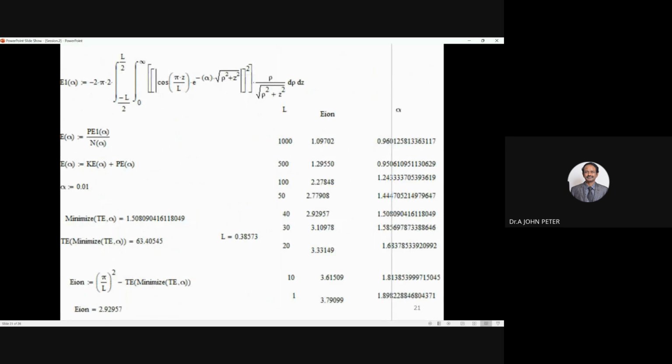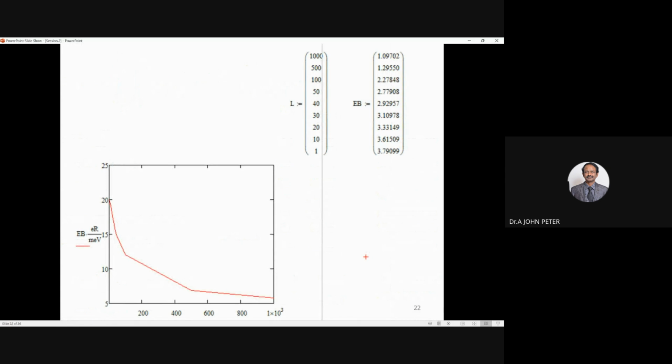E and the binding energy are given in the second column. In the first column L we have taken as 1000 angstrom, 500 angstrom, 100 angstrom for the width of the well, and alpha, the variation parameter, also varies. This is the graph which I have drawn in MathCad itself. We can draw it in MathCad, but we can't get a smooth one.